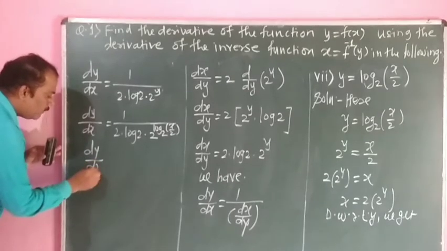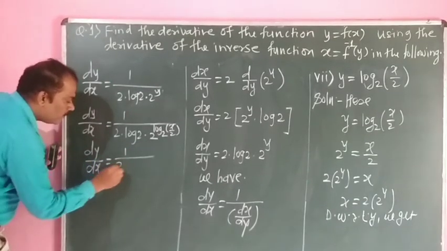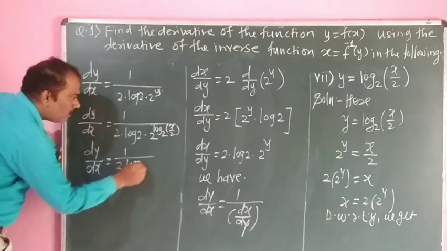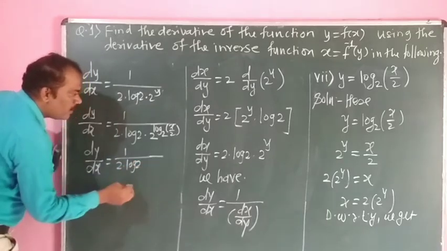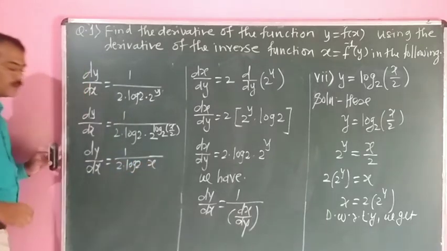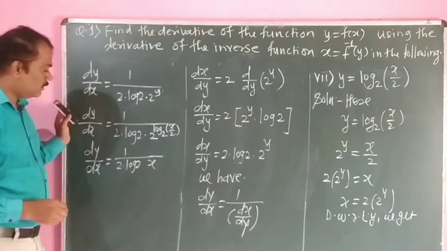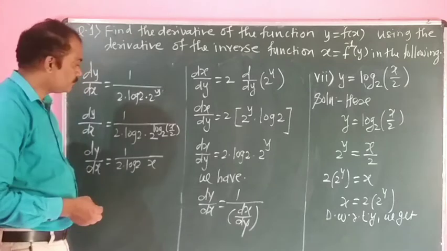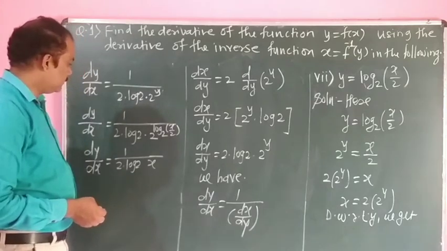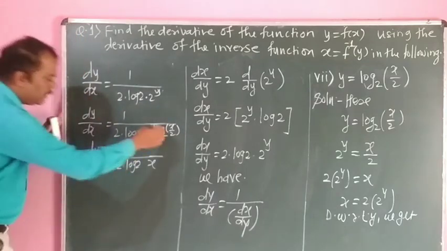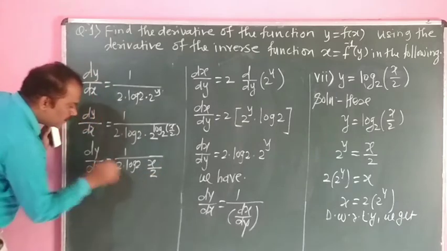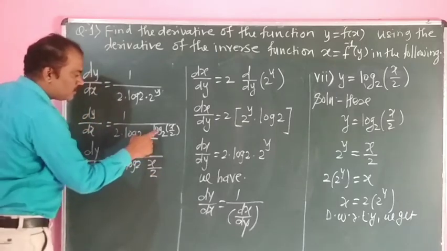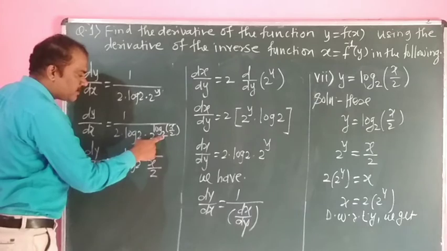So by using that property of the logarithm, we get dy by dx is equal to 1 upon 2 times log of 2 into 2 raised to log of x by 2 to the base 2.